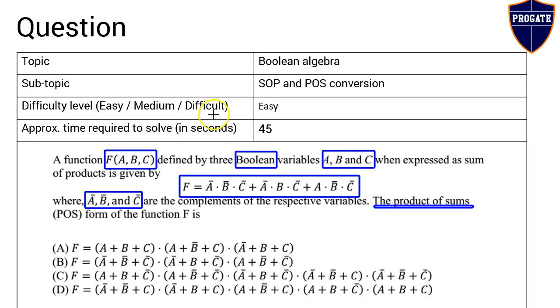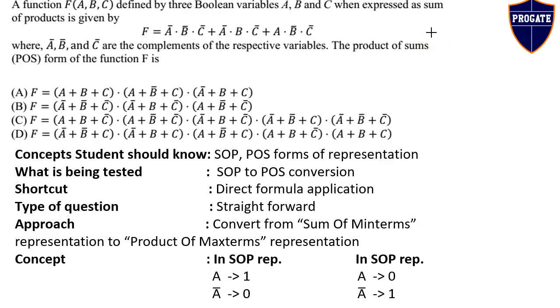So to solve this question, the concepts that the student is expected to know are SOP and POS forms of representation. Now if you see the question, the function f is in SOP form, whereas in the options the function f is represented in POS form.